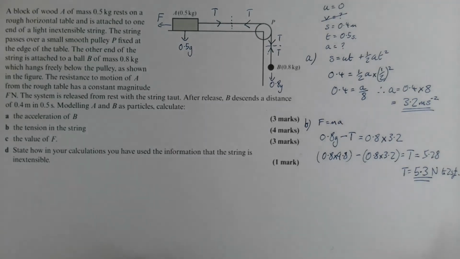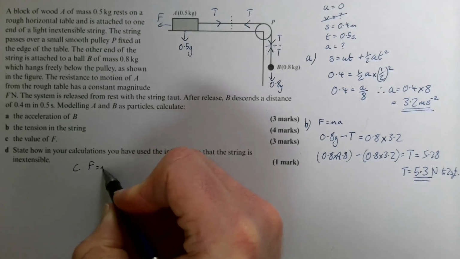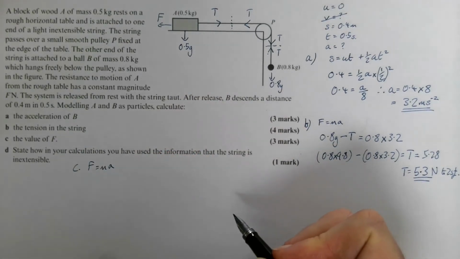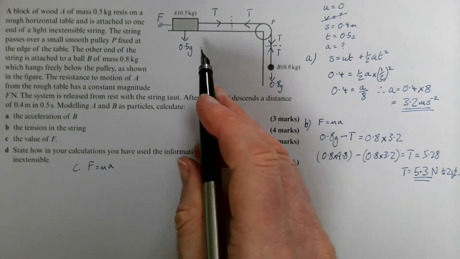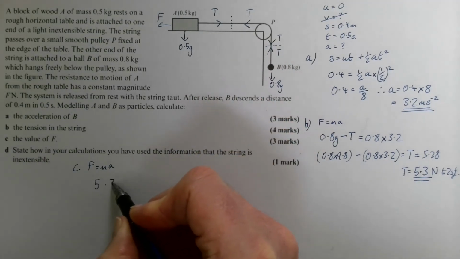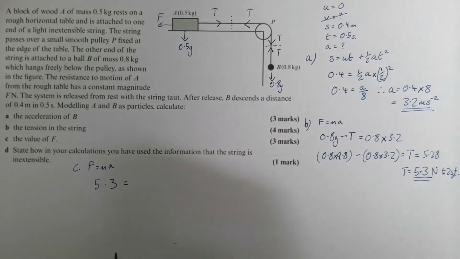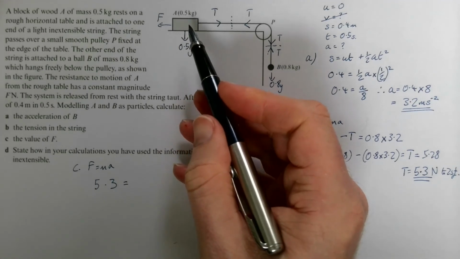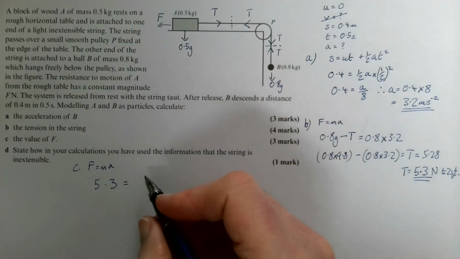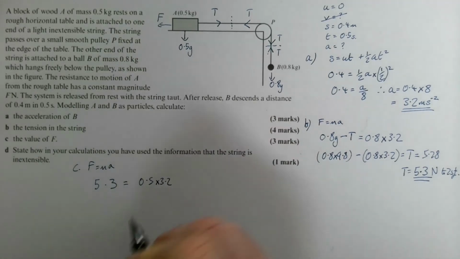Now the value of F, again we are thinking about forces, mass times acceleration, and we know that the tension that's pulling this along is 5.3, and that has to be equal to the 0.5 times 3.2, which is what you'd get for that, plus the friction.